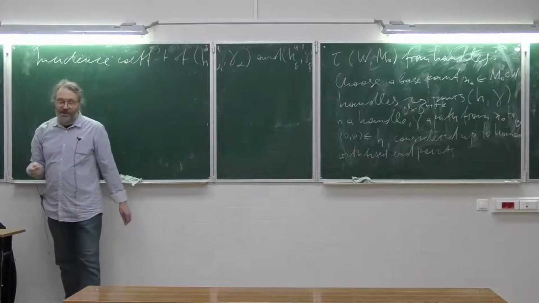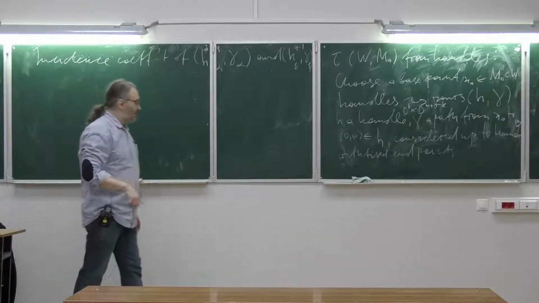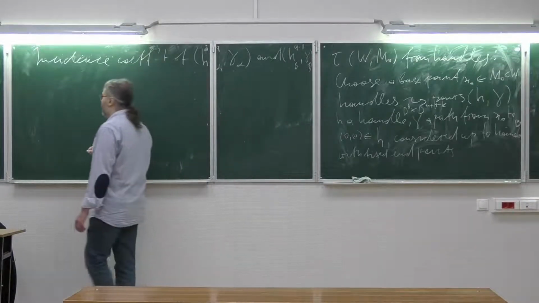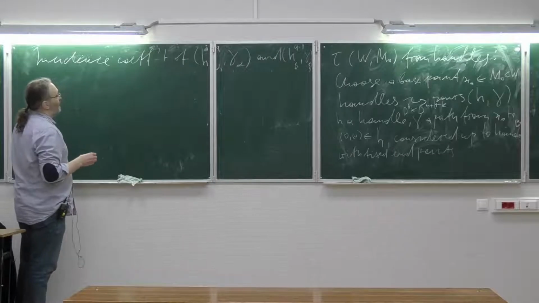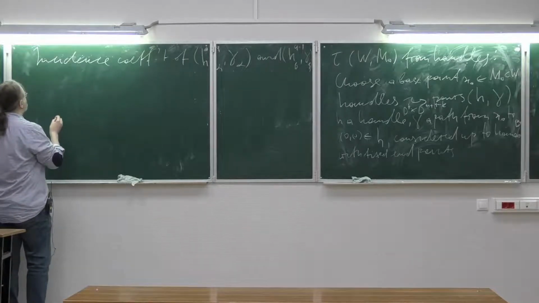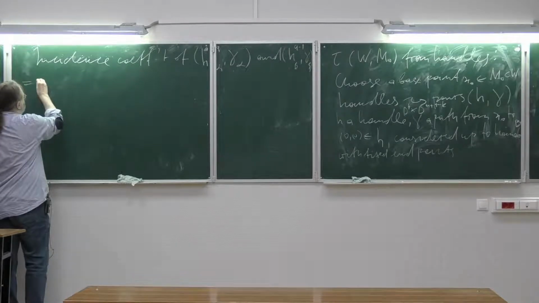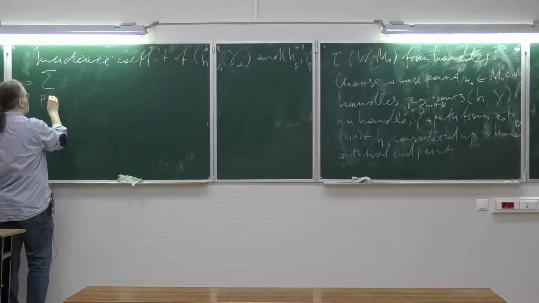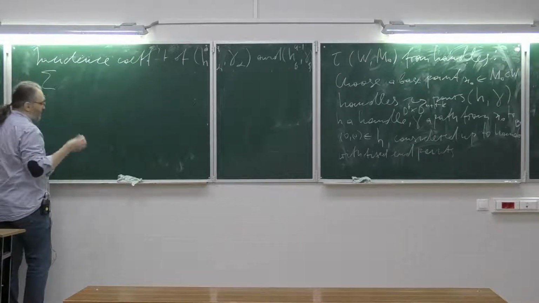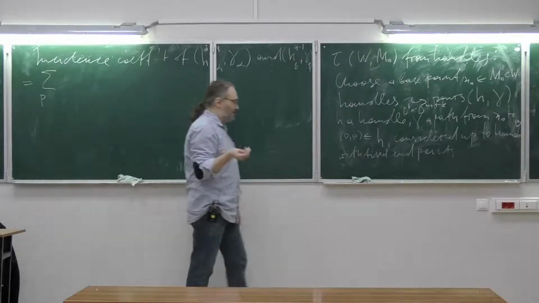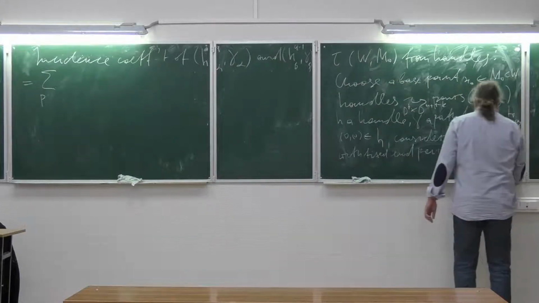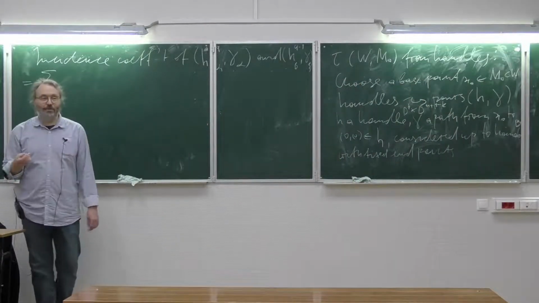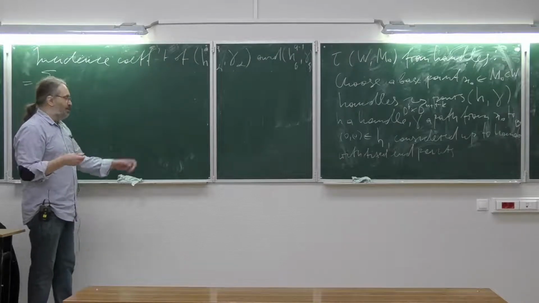Suppose I have two handles and I want to calculate the incidence coefficient. Well, the construction is the same as in the simply connected case, except this time we need to take the fundamental group into account.